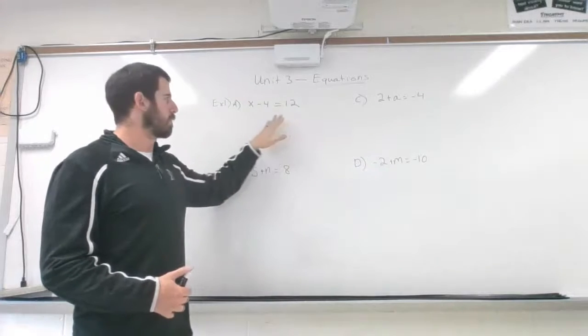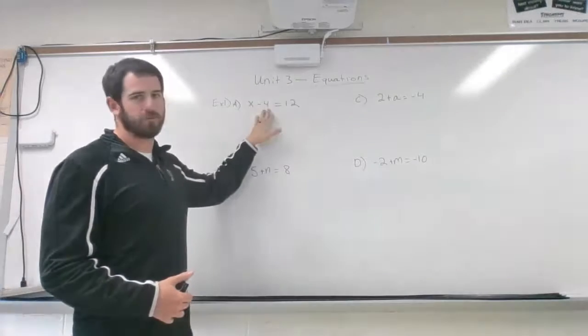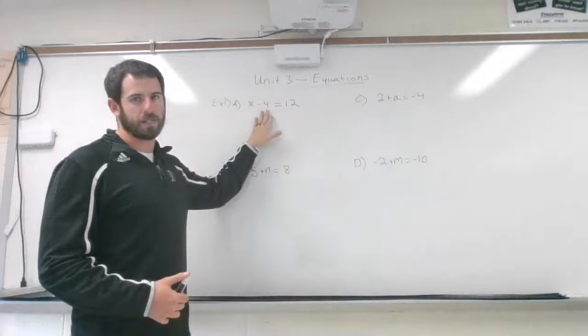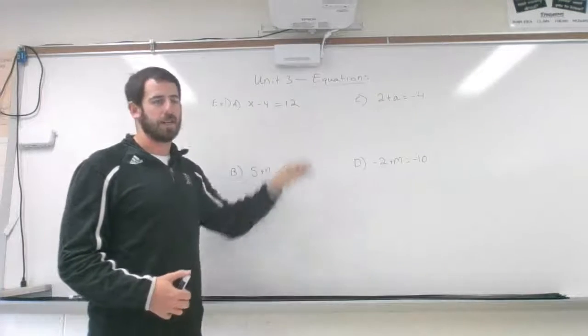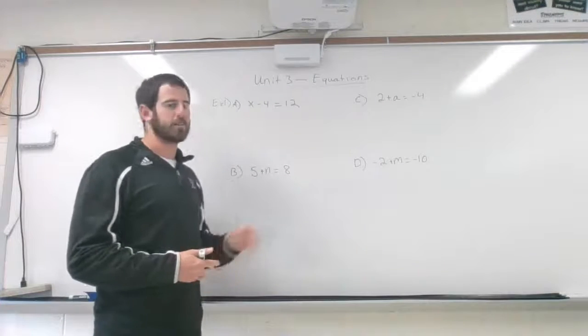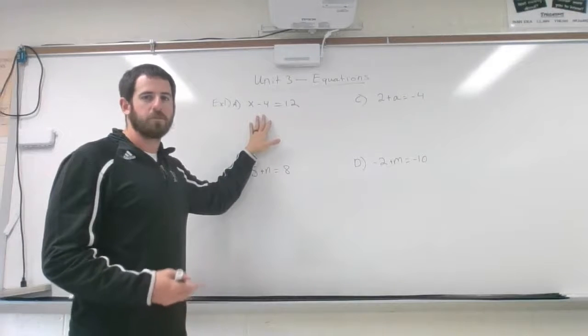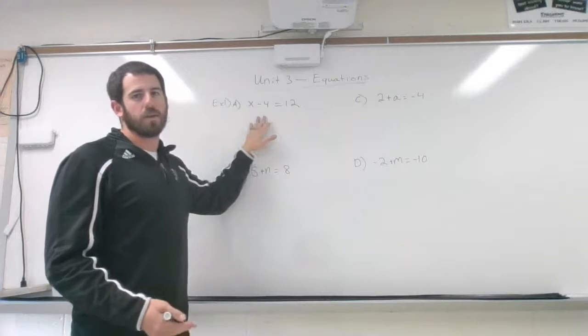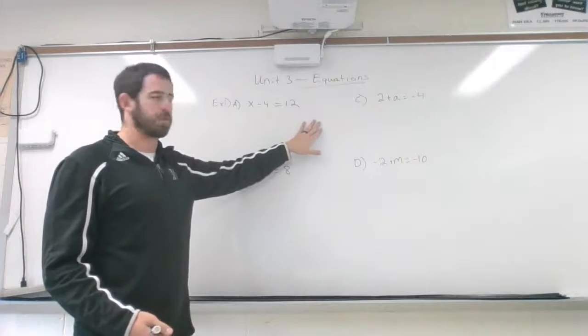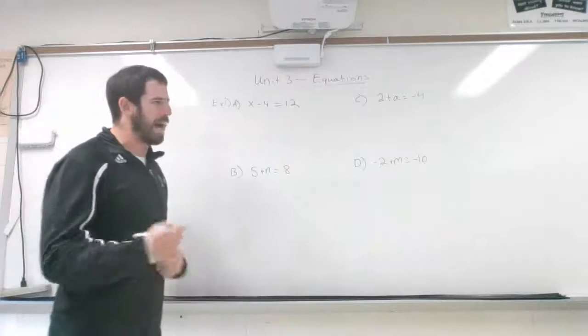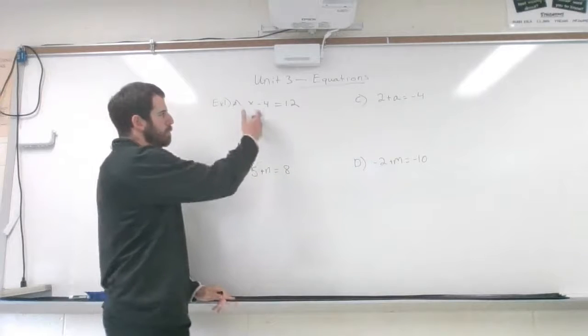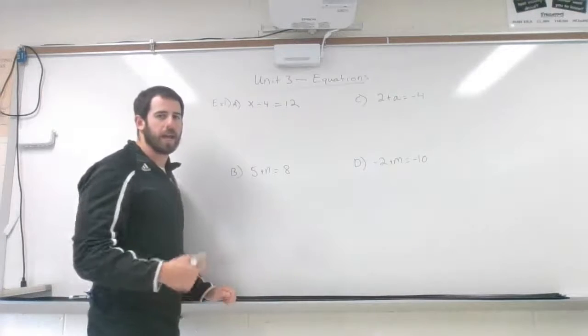So in this case, I want to move this negative 4. Since it's being subtracted, I want to move it to the other side. And I do that by getting rid of it on one side. Now, we can't just get rid of it. You have to make that equal 0, and then in turn, it will come to the other side. So we do the opposite of what's happening. X minus 4, so I'm going to therefore add 4.